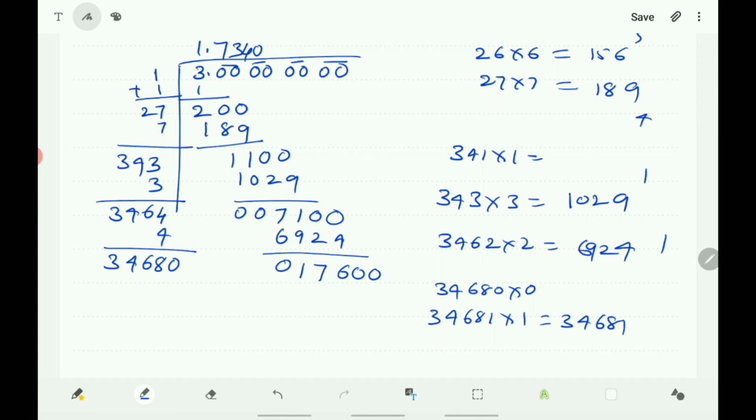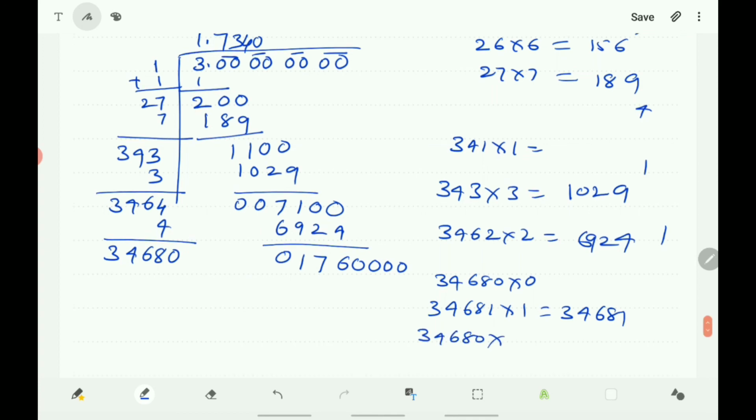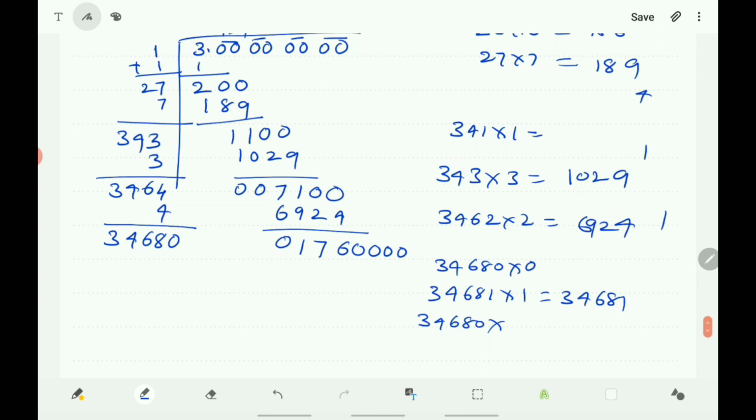So again take the next group. Here if you add 0, it remains the same. So you take the next group. Then you can have 34680 into. So it is 3 3s are 9, 3 4s are 12. So you put 4 into 4. It is okay or not?